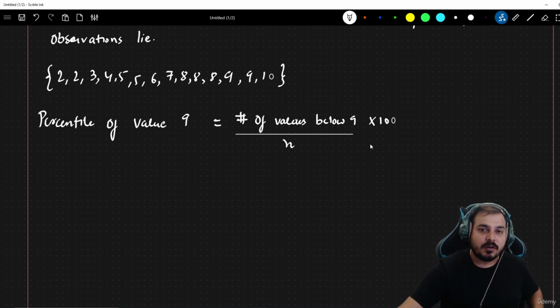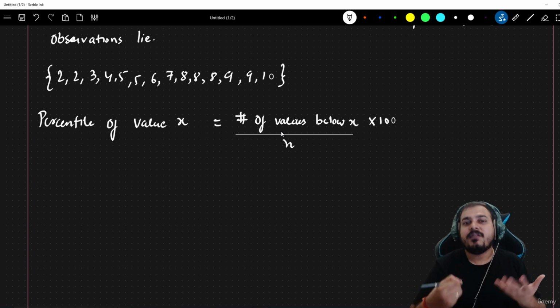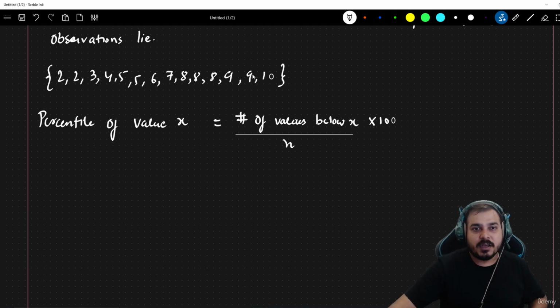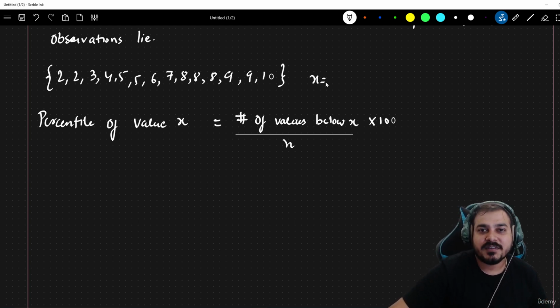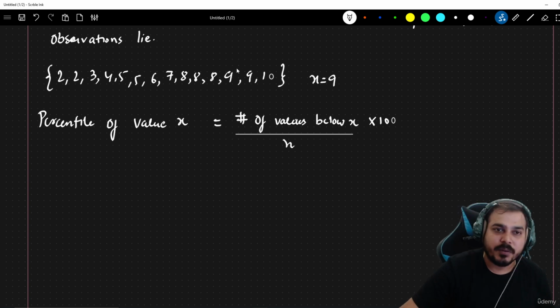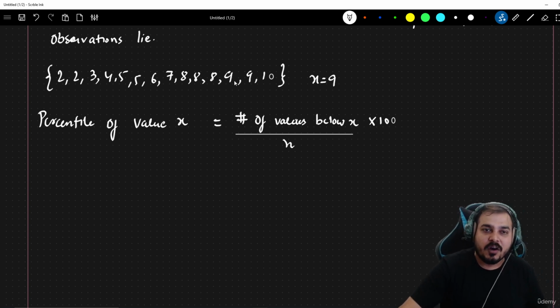So this is the formula to calculate the percentile of a specific value. Now I'll make it generic. Instead of writing the value, I'm just going to write x. This becomes a generic formula for any kind of value. Now here I have taken x equal to 9. So I want to compute the percentile of this value 9.